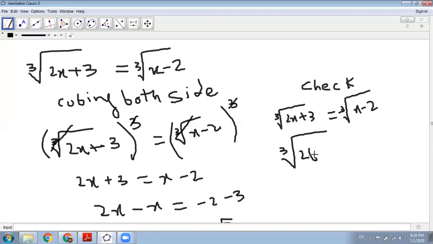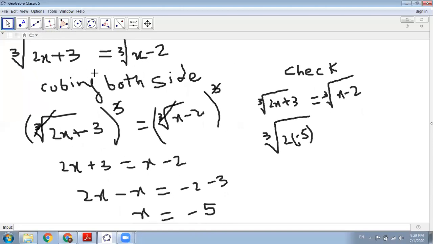Cube root of 2 times minus 5, because we got the value of x as minus 5, that's why we are placing minus 5, and then plus 3. This is one side of the radical equation, and then cube root of minus 5 minus 2.